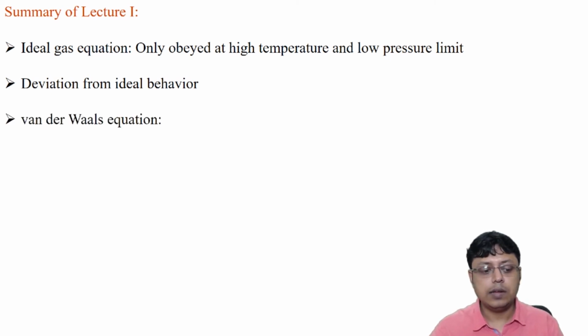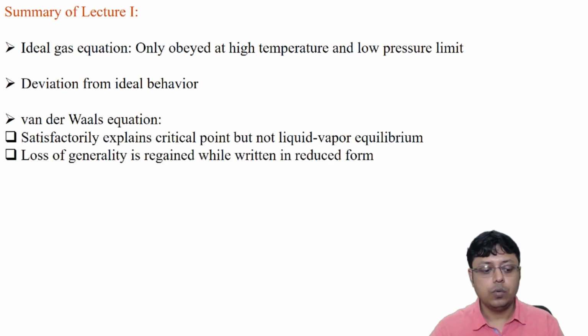Then we discussed the development of a model, which is the van der Waals model, and we discussed in detail the van der Waals gas equation. We discussed how the van der Waals gas equation satisfactorily explains the existence of a critical point, but it cannot explain the liquid vapor equilibrium region.